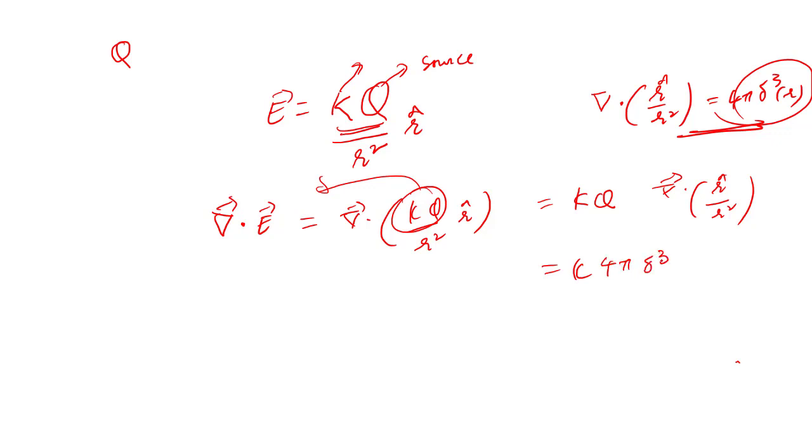But this is considering the electric field only at one point r. If we want to account for all the electric field, then we integrate over the entire space, over a volume element. So we would have an integral of the delta cube. Essentially from there, we would get Gauss's law, from Gauss's theorem, though I'm getting ahead of myself.